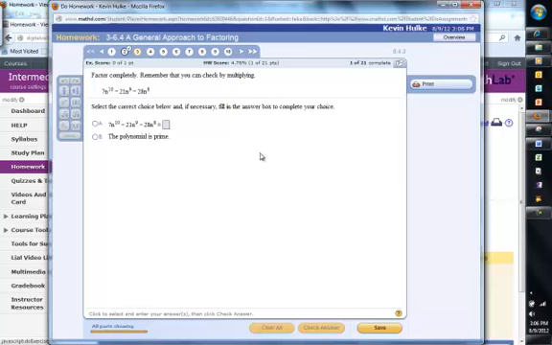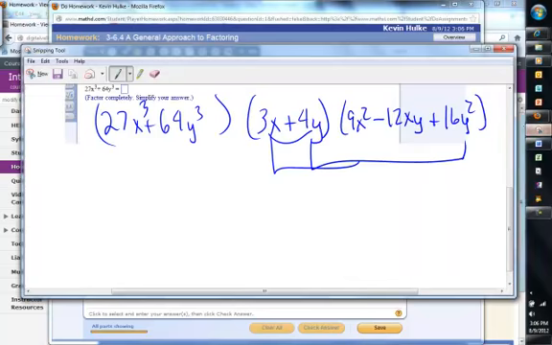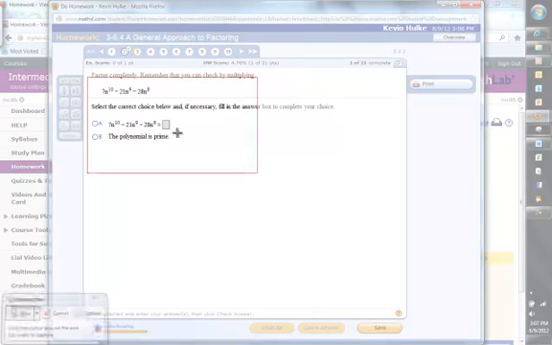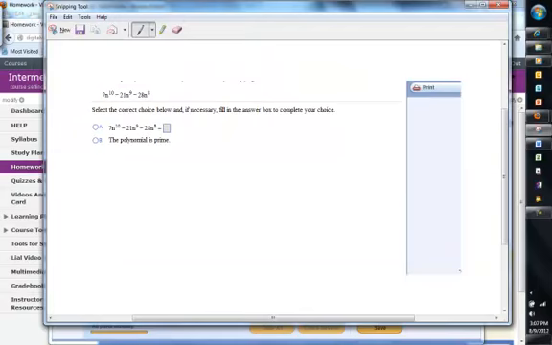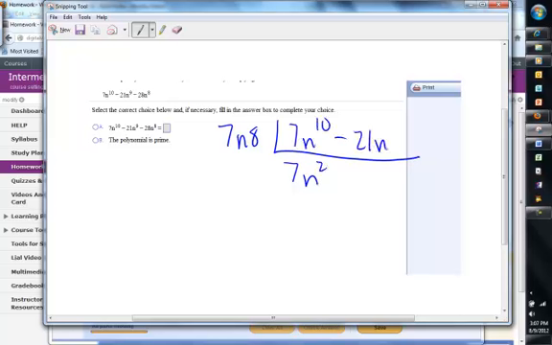Looks like we can take, first of all, let's take out a 7n to the 8th, and we're left with 7n to the 10th minus 21n to the 9th minus 28n to the 8th.